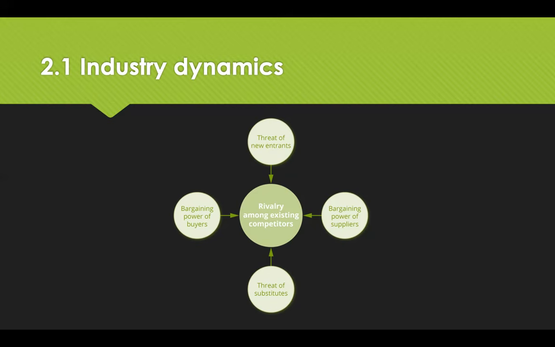The 5 force framework was originally developed as a model for understanding the likely profitability of an industry and understanding the market dynamics. But digitalization, globalization, and deregulation are developments that influence the 5 forces, but don't necessarily change their relevance. So these questions are the ones that need to be answered.